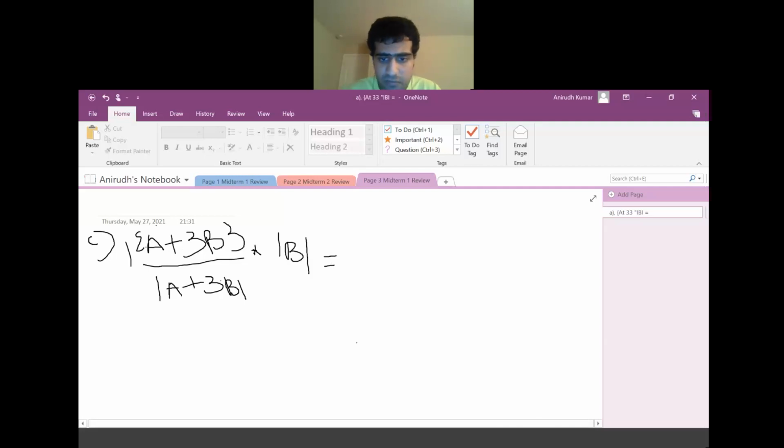What you notice is a plus 3b divided by the modulus of a plus 3b. What you see here is that the mod of a plus 3b divided by the mod of a plus 3b is going to be 1 basically.